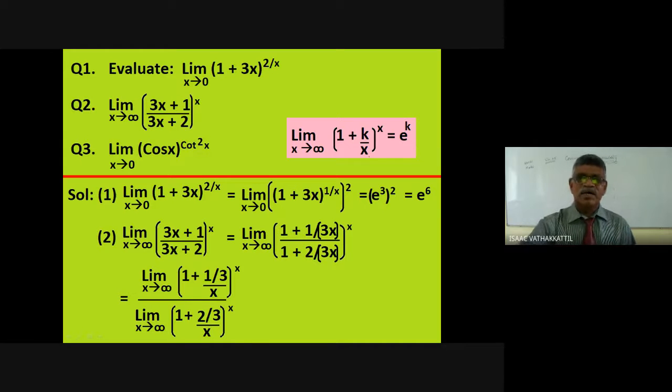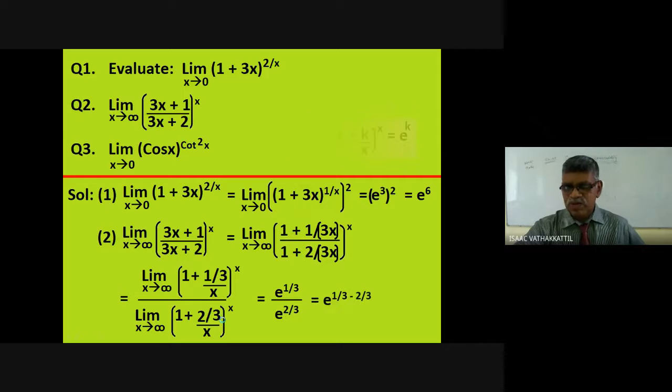Now I apply this formula. Numerator is e raised to 1 by 3, and denominator is e raised to 2 by 3. That is e raised to 1 by 3 minus 2 by 3, that is e raised to minus 1 by 3, or 1 upon e raised to 1 by 3.